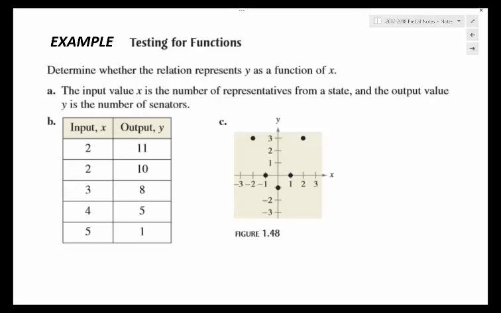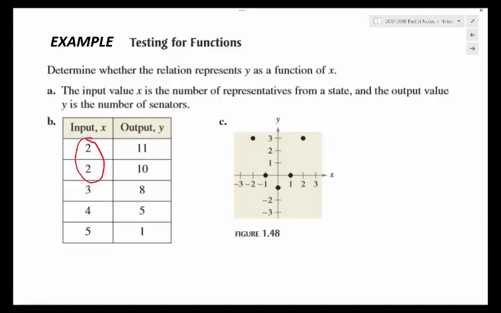The main way to test for functions: there are two tests that I do. One of them is you just basically check the x values, and the other one is called the straight line test. Notice here in B I have two x inputs that are both 2.